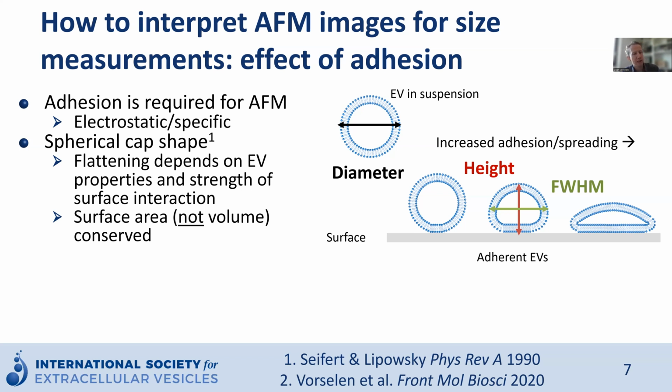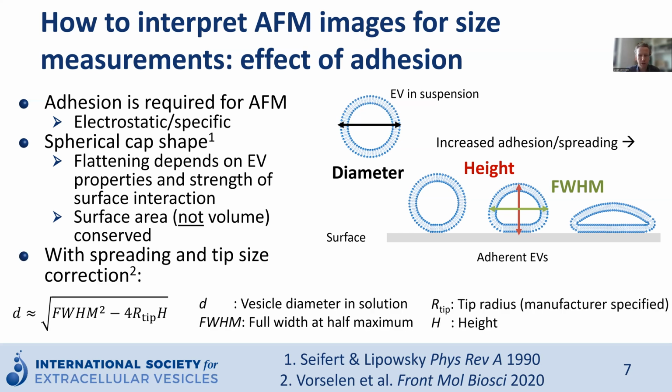So why we need to assume surface area and not volume conservation is because of a fundamental property of membranes, and that is that they are essentially barely able to stretch. So they can't really change their surface area. But EVs could lose part of their volume during adhesion to the surface by leaking water over the membrane.